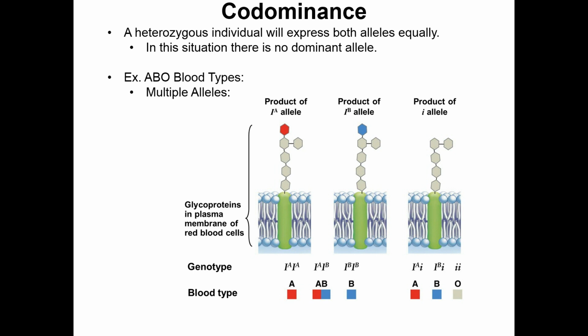Individuals that are type A blood have either two copies of the A allele or a copy of the A allele and a copy of the O. Individuals who are type B blood have two copies of the B allele, or a copy of the B allele and the O allele. Individuals who are type O have two copies of the little i allele. And individuals who are type AB have an A allele and a B allele. You'll need to know the different genotypes of an individual as type A, type B, type AB, and type O blood.